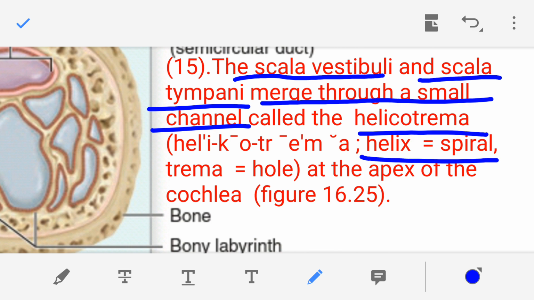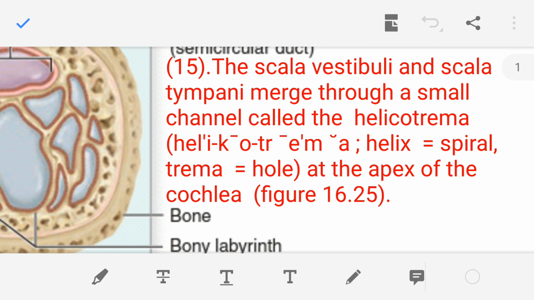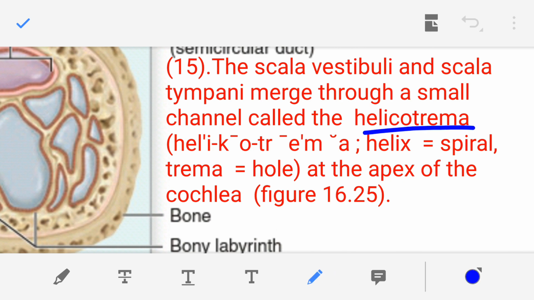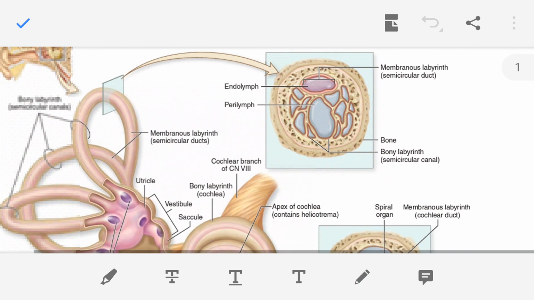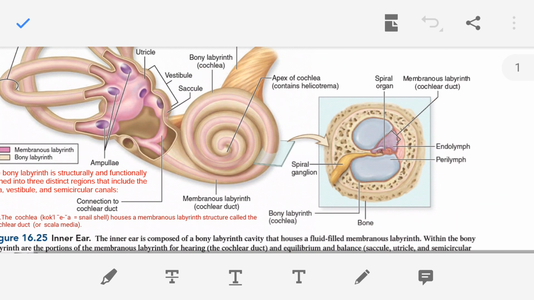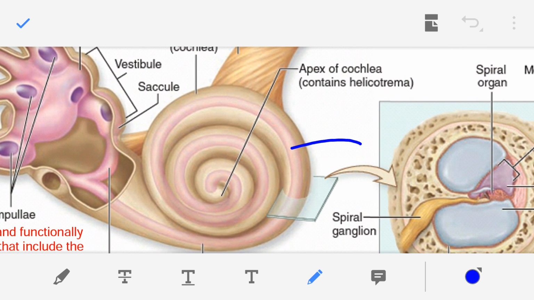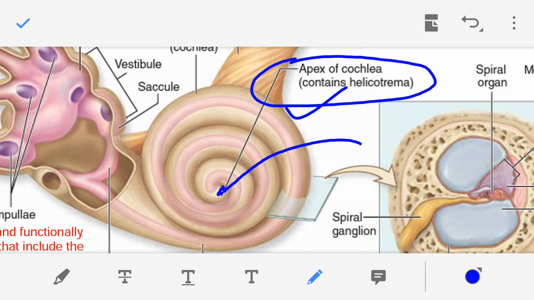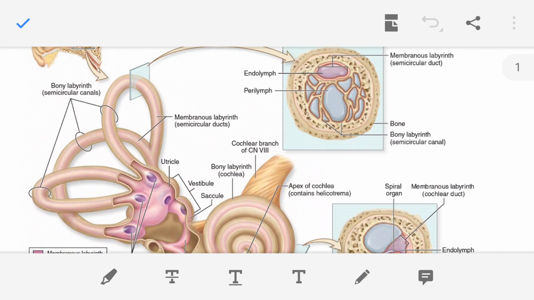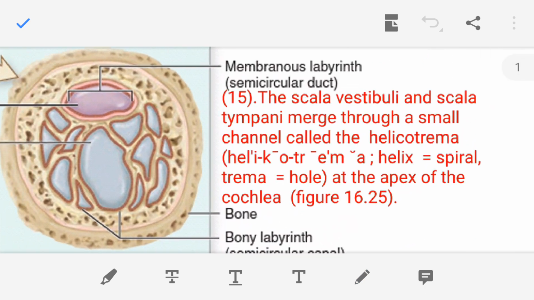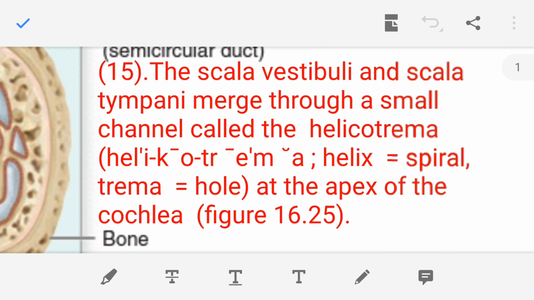Helix means spiral, trema means hole. The helicotrema is situated at the apex of the cochlea. In the figure, let me show you, this is the apex of the cochlea, and the apex of the cochlea contains the helicotrema. So point number 15, helicotrema.